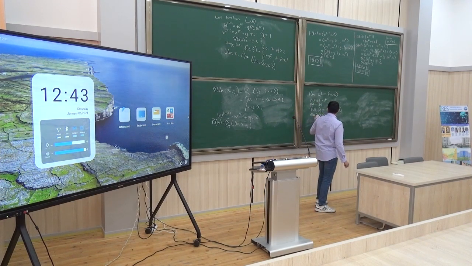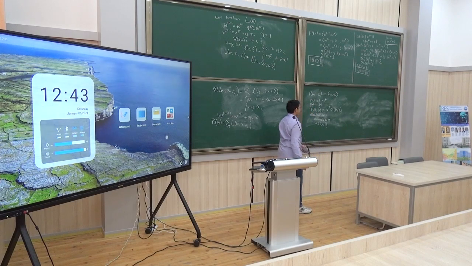Actually, here I said ReLU, but you could also do leaky ReLU, and that gives you max of alpha x with 0, where alpha is between 0 and 1. So this is another type of model that you could consider and do this gradient based algorithm for.